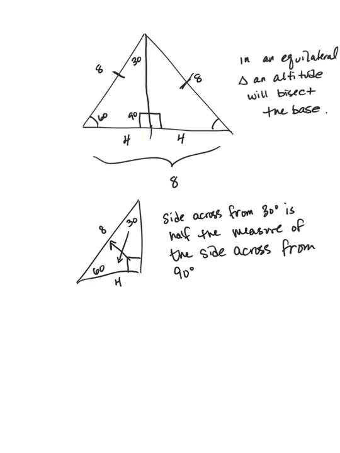Okay, and vice versa, the side across from 90 degrees is twice the measure as the side across from 30 degrees.